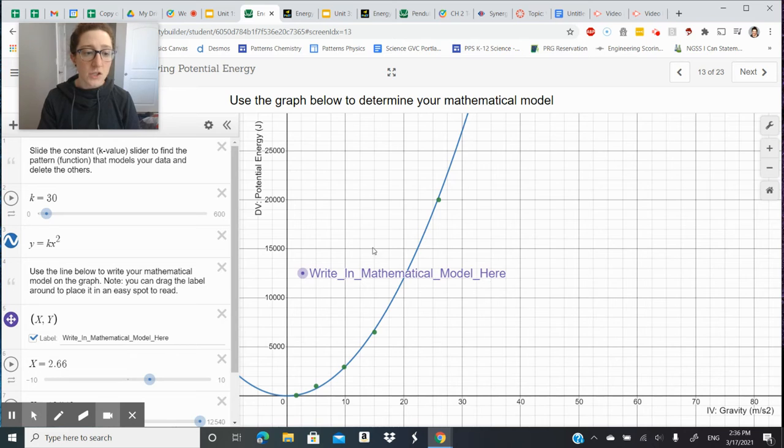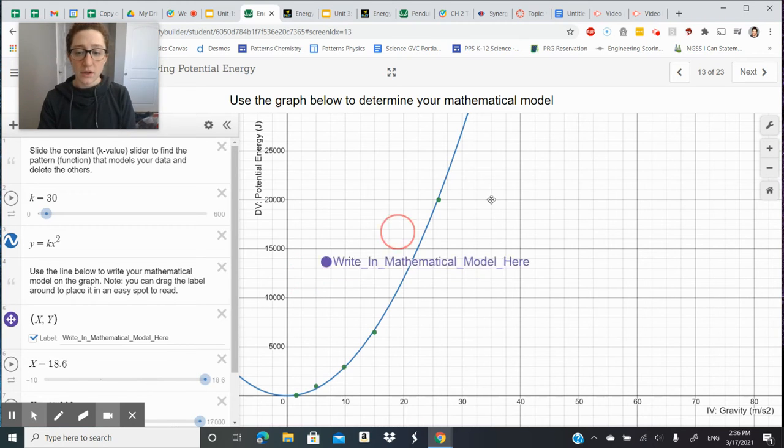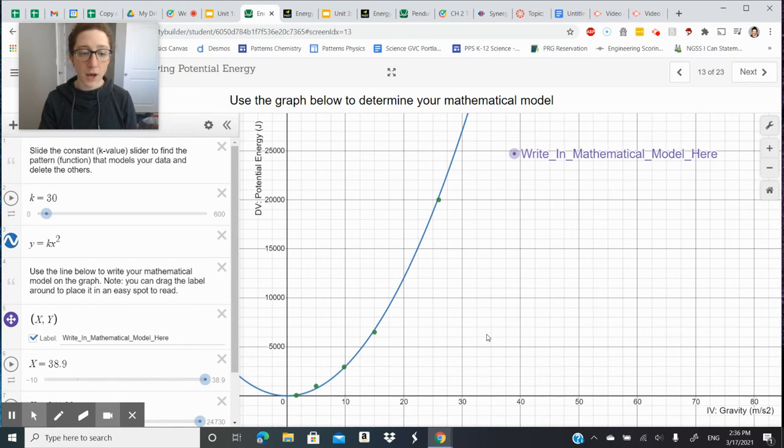Okay, so now I need to identify my mathematical model. Conceptually, this is probably some of the more difficult stuff for folks who have less experience with writing these equations, but you've got it right here: y equals kx squared. By the way, this is for my data, not necessarily for yours.